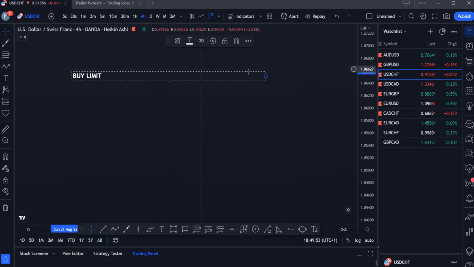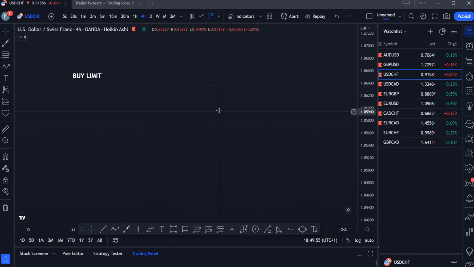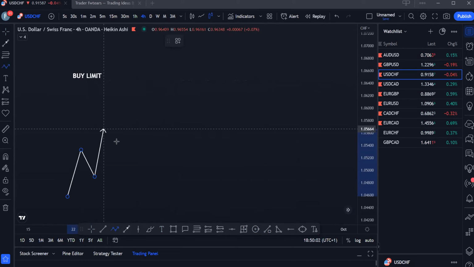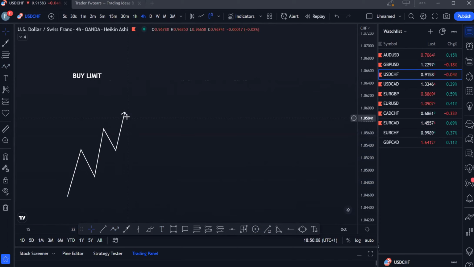Now let's start from buy limits. Okay, so with a buy limit, let's say you have a market scenario like so, price is going like this, like so, and then possibly based on your analysis, you sense that you want to buy this move, take a buy, but you don't want to buy at this high level. You want to possibly buy at a lower level.